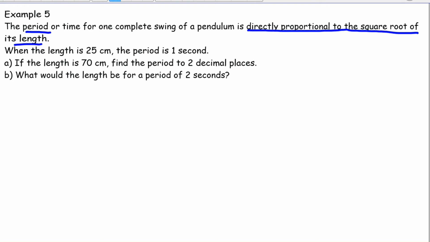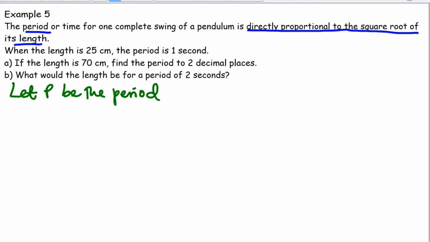So let P be the period, because you have two variables. We have the period and the length. Maybe we can just start by introducing these variables, and hopefully they can help us to analyze this situation properly.